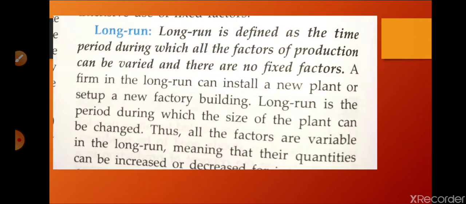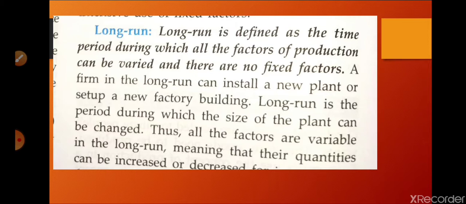Next we are going to discuss the long run. What is the long run? It is defined as that time period during which all the factors of production can be varied and there are no fixed factors. As we have discussed, in the short run the plant and technology cannot be changed, but here all things can be changed.